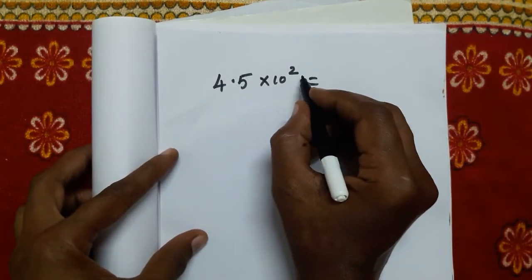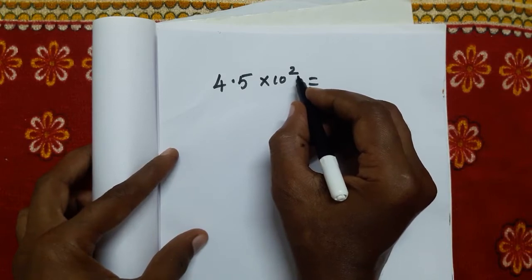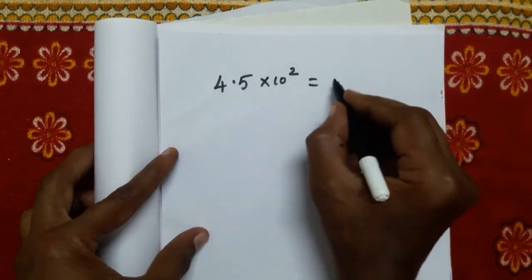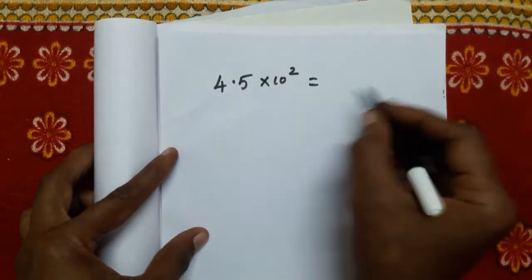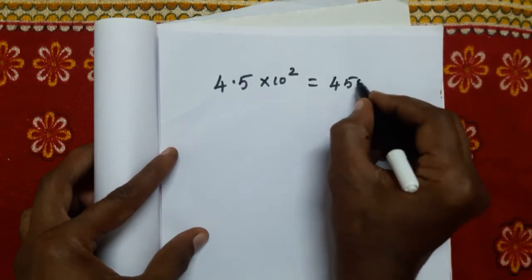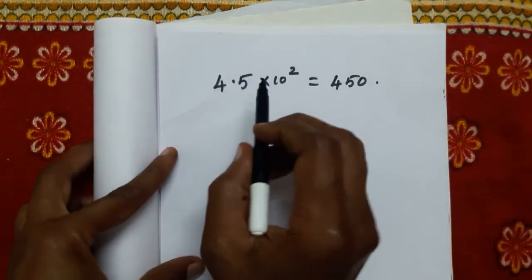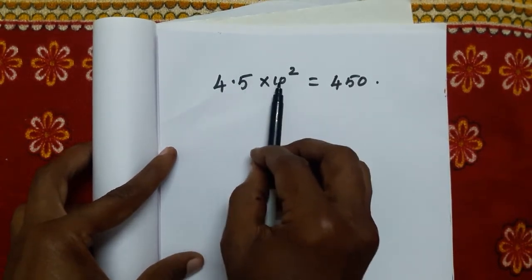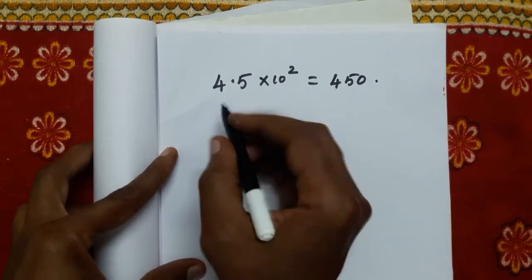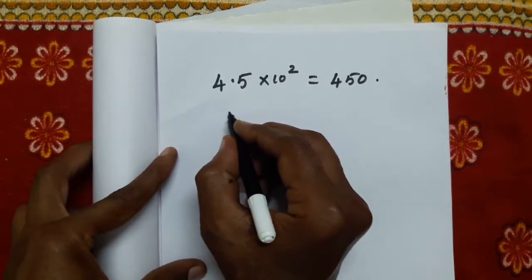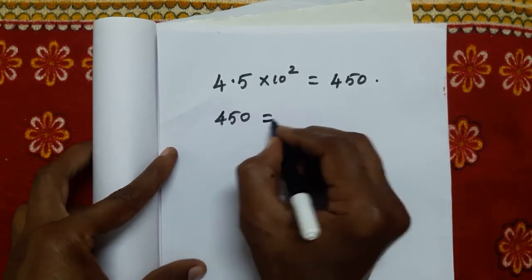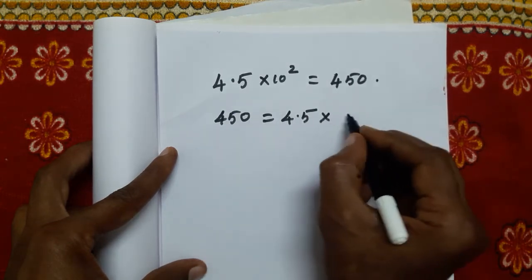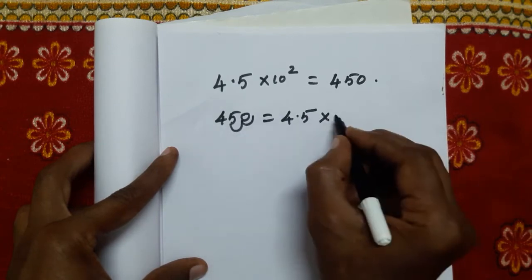Listen carefully. 10 power 2 means we have to multiply this number by 100. That means what will we get? 450. We can write it as 450. Multiplying with 10 power 2 means the decimal point moves 2 digits right. In converting decimal form into scientific notation, for 450 we write 4.5, moving the decimal point 2 digits left, that means 10 power 2.